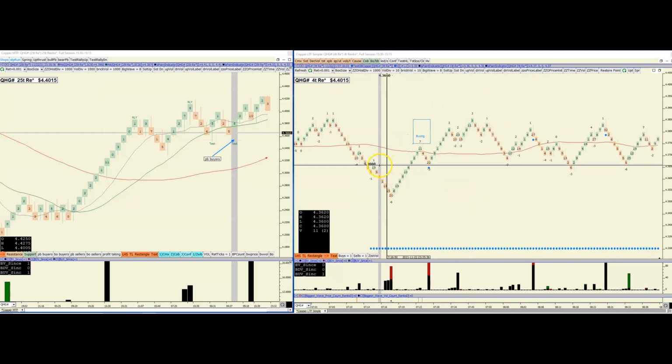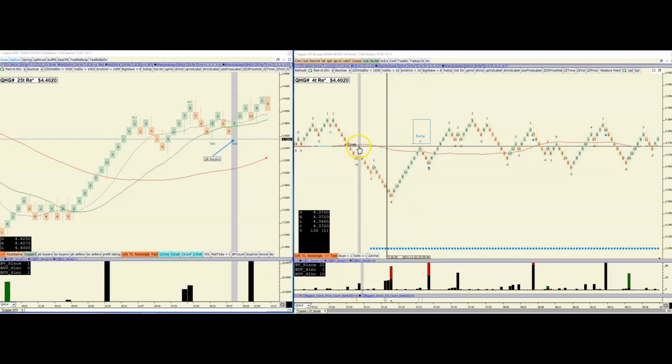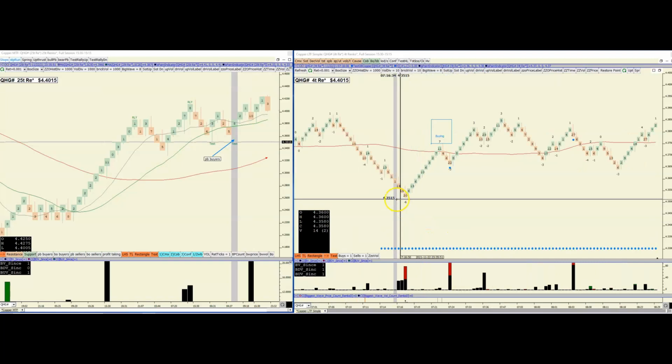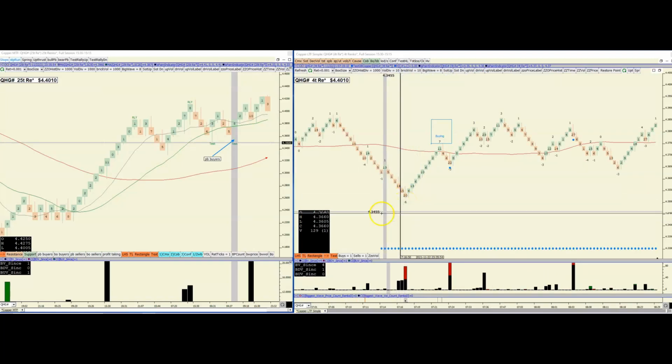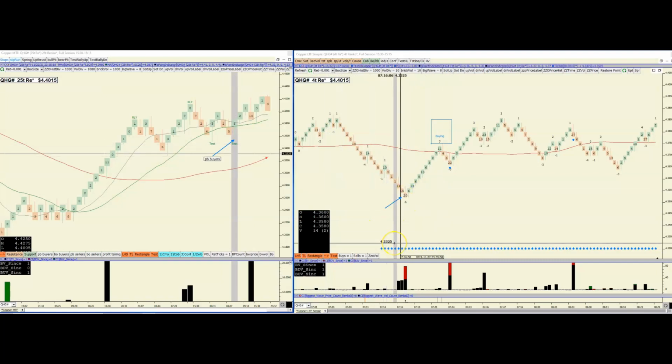Second thing to mention, it took out the prior two small highs. You always want the rally to take out a couple of highs, and it does that. Third thing to mention is that there's volume off the bottom. I really think this is one of the key things that no one focuses on.